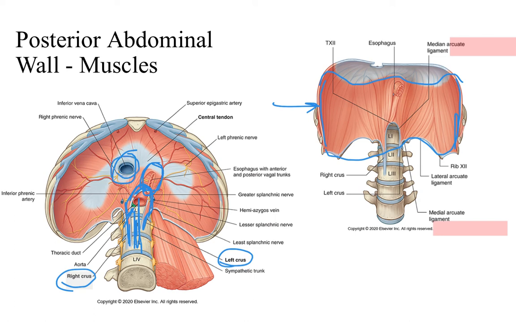Just to point those out, those aren't specifically about the abdominal wall muscles, but the right and left crus are part of the abdominal wall muscles. So I wanted to point out how they make that connection with the hiatus of different structures coming from the thoracic cavity.